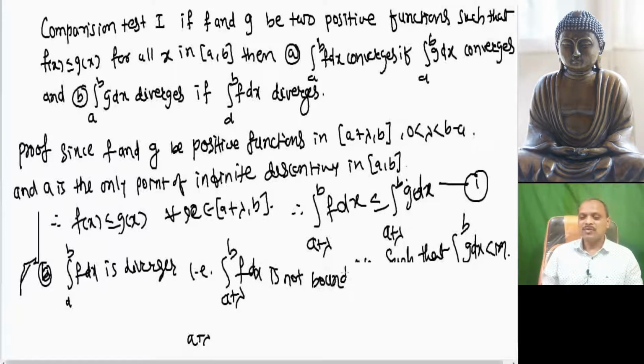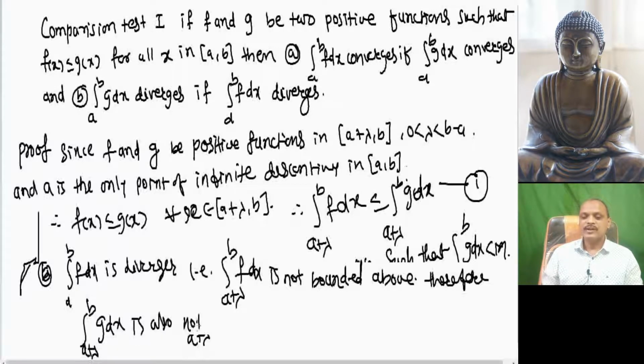As it is not bounded above, therefore the integration of g between the limits a plus lambda to b is also not bounded above. As it is not bounded above, therefore the integration of g between the limits a to b is divergent.